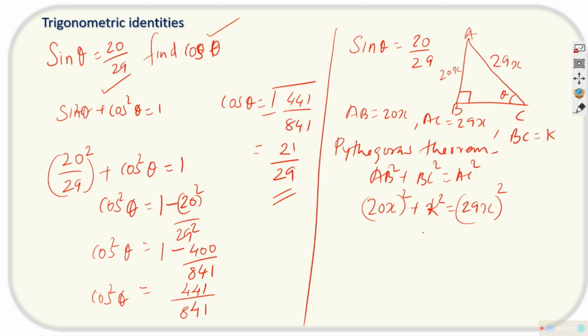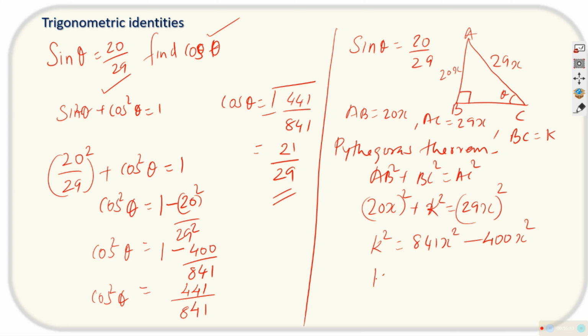Now we need to find k square. 29x square is 841x square, minus 20x square, which is 400x square.